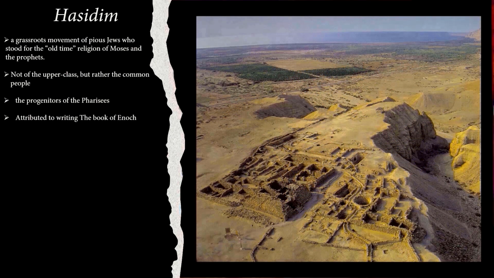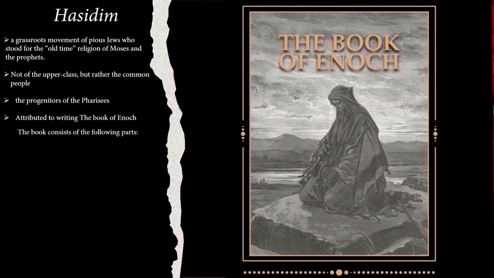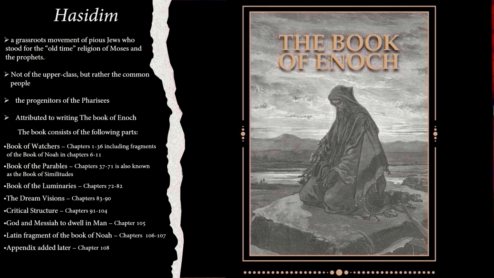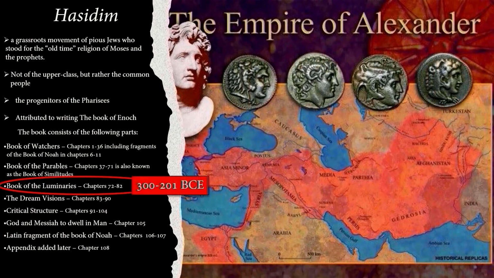The books of Enoch consisted of multiple parts that were put together as one book by a later editor. The book consists of the following parts. Of these parts, the Book of the Luminaries is considered by scholars the oldest document, dated around 300 to 201 BCE.